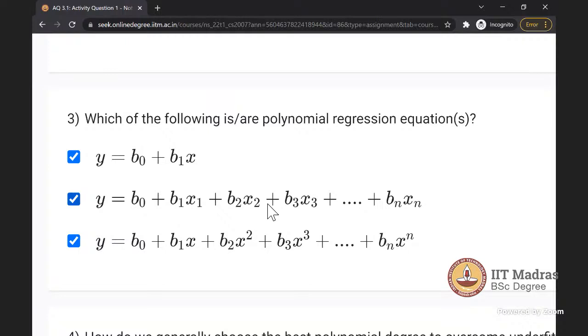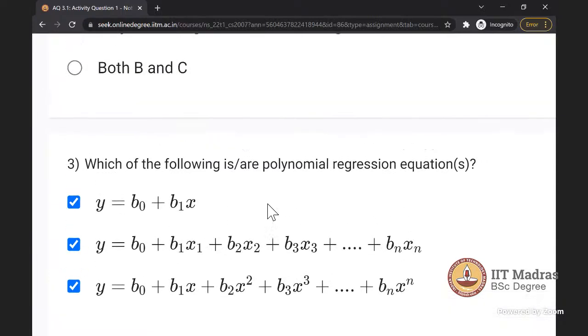Yes. So I'm confused. In one of the questions, it said if the degree is 1, it was linear regression, and here we are saying it is polynomial regression. Why is it? Well, I understand your point. Polynomial regression is kind of a superset of linear regression.